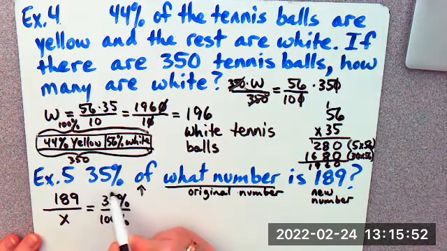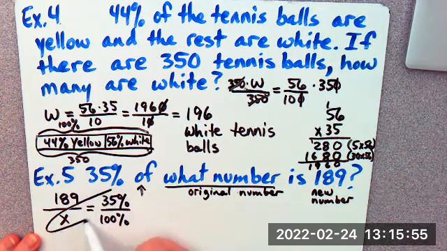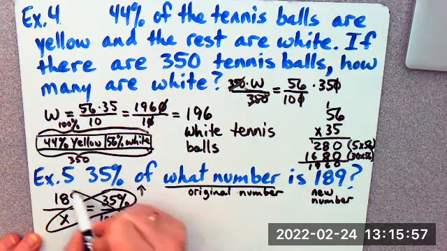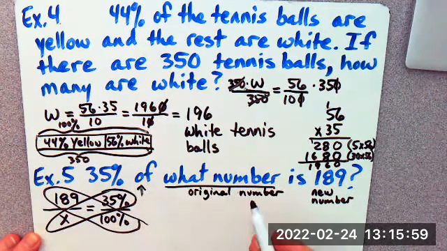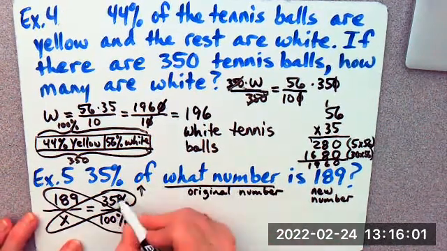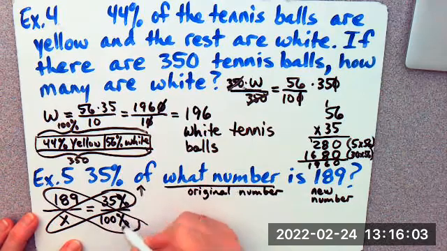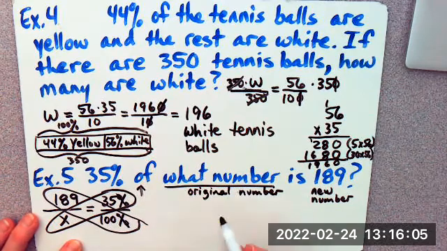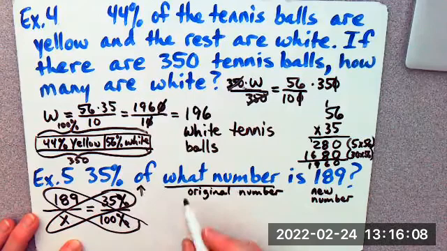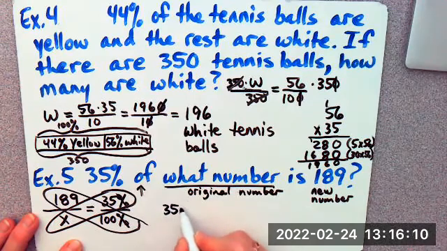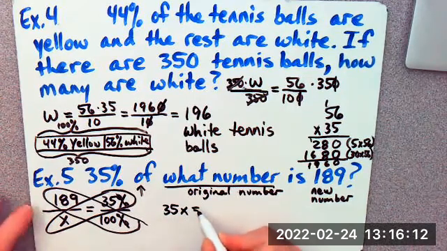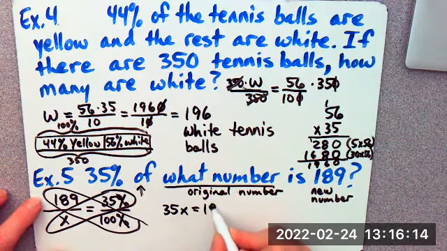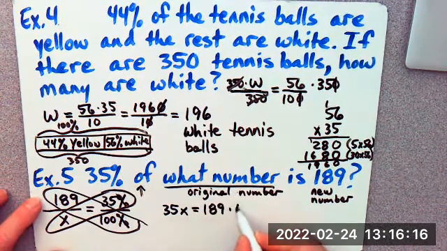So we're going to do cross multiplication. Okay, with cross multiplication, we notice that they both have percentages, so we could take that out and not worry about it. So this is 35 times x, so 35x. And then we have 189 times 100.